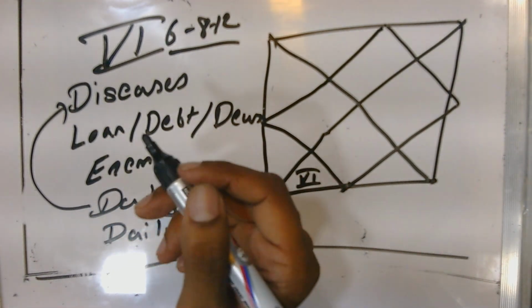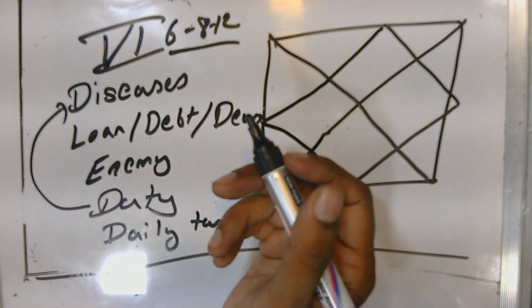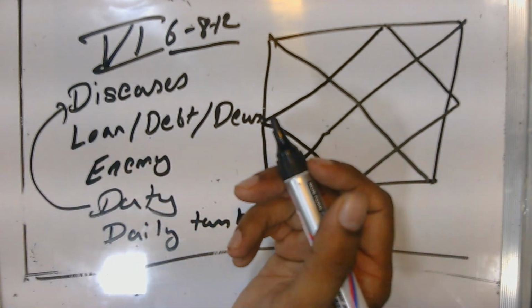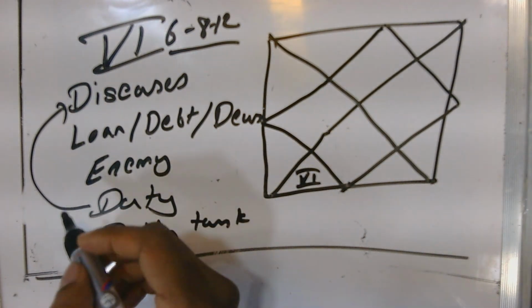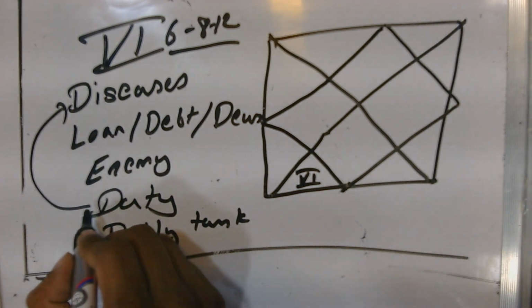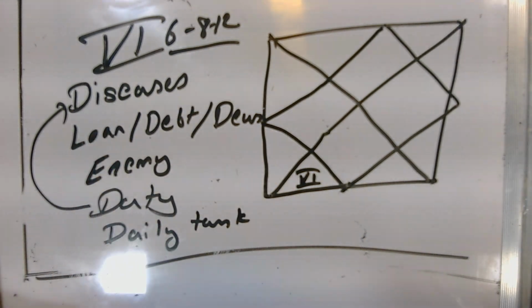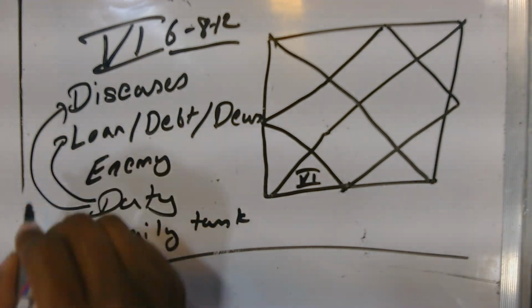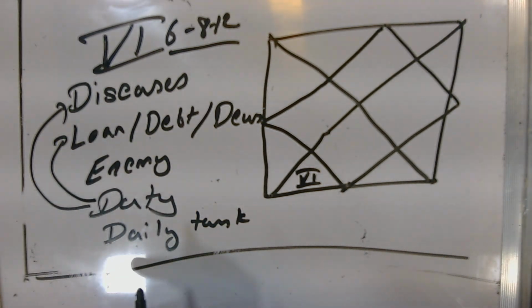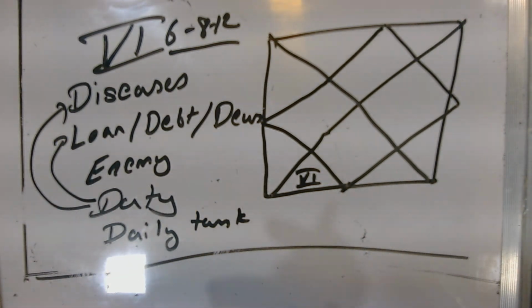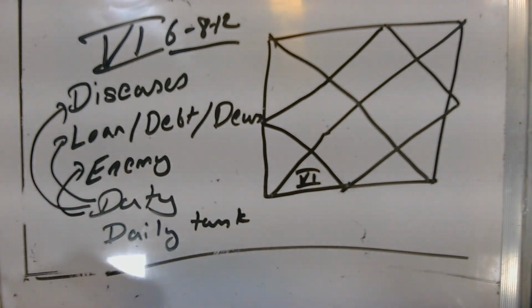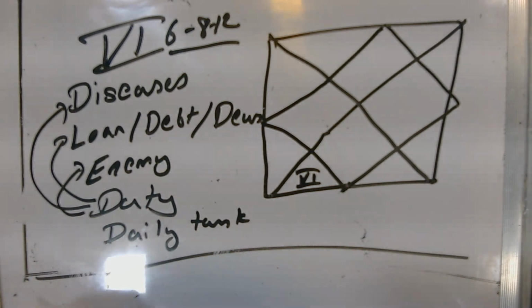If you want to have a disease-free body, you have to perform certain things regularly for cleaning yourself, your duty towards your body. So how you are going to deal with your diseases, and how you are going to perform regarding your dues, your loans, how you are going to pay them, how you are going to deal with your enemies. These things can be seen from the sixth house.